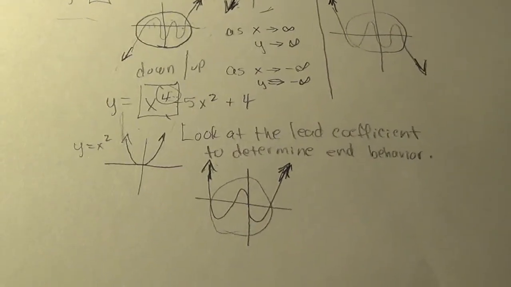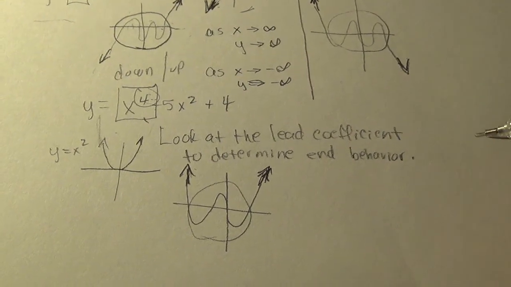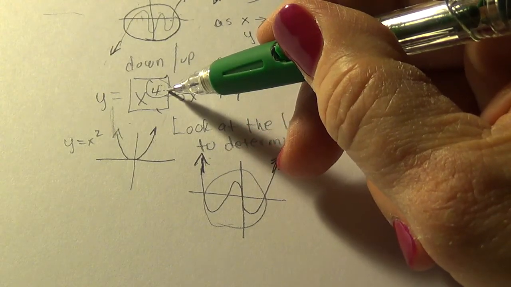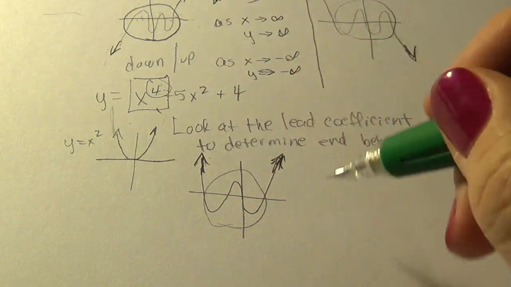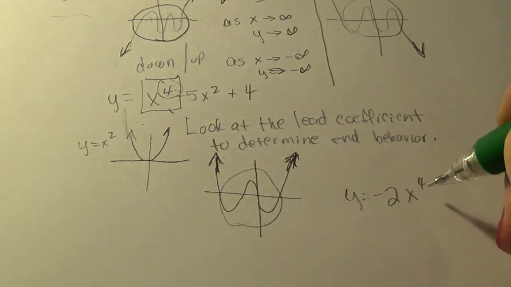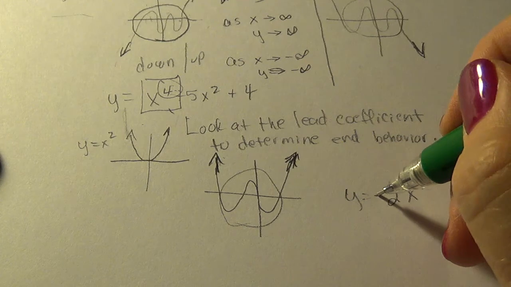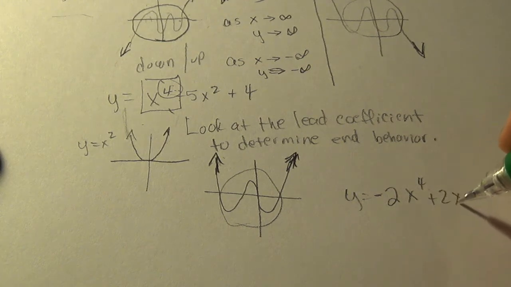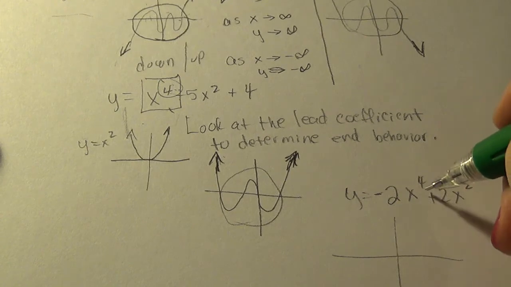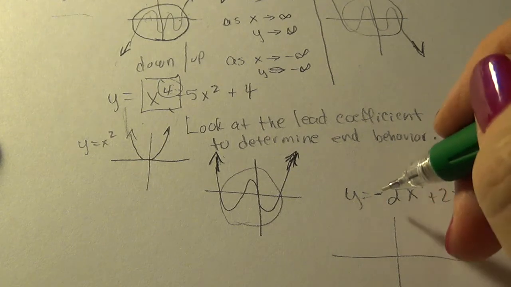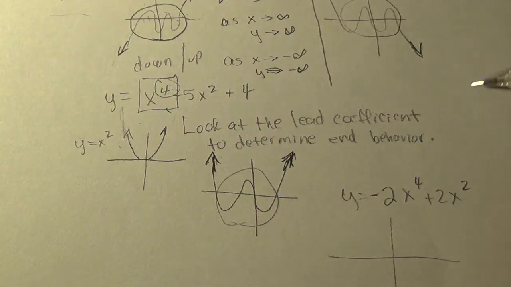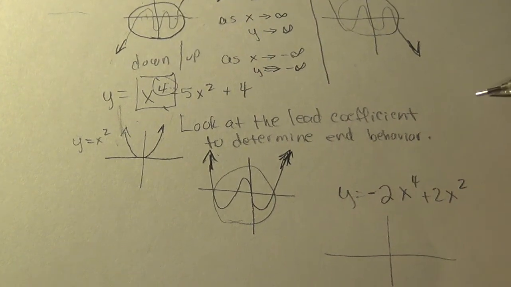All right, so what do you think is going to happen when the degree is even but the lead coefficient is negative? Something like y equals negative 2x to the fourth plus 2x squared. If the normal function goes up on the left and up on the right, then what will happen if it's negative?